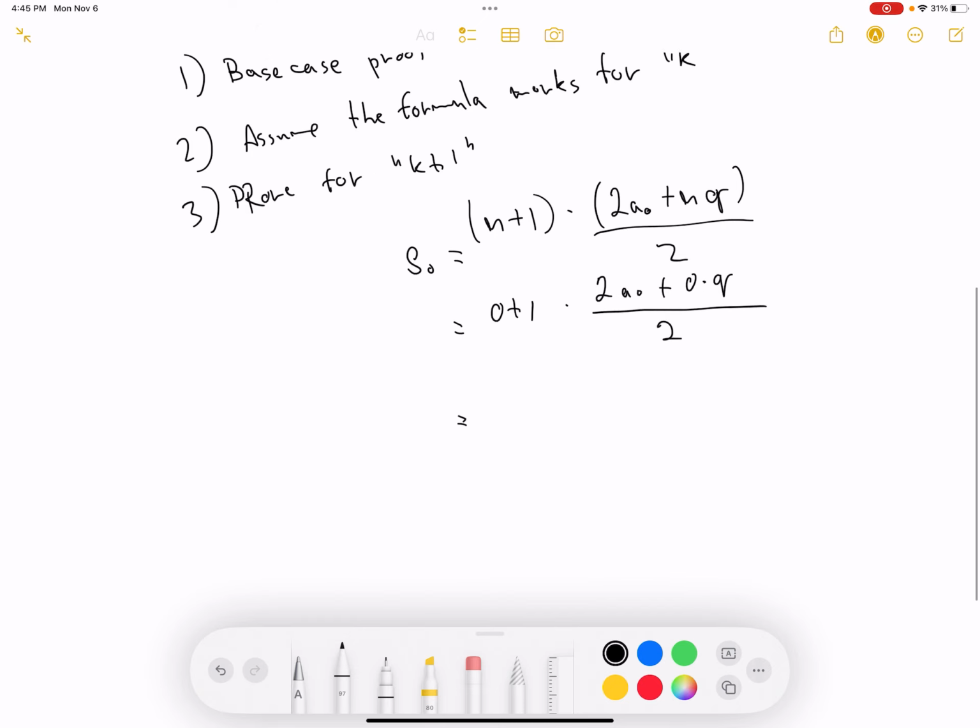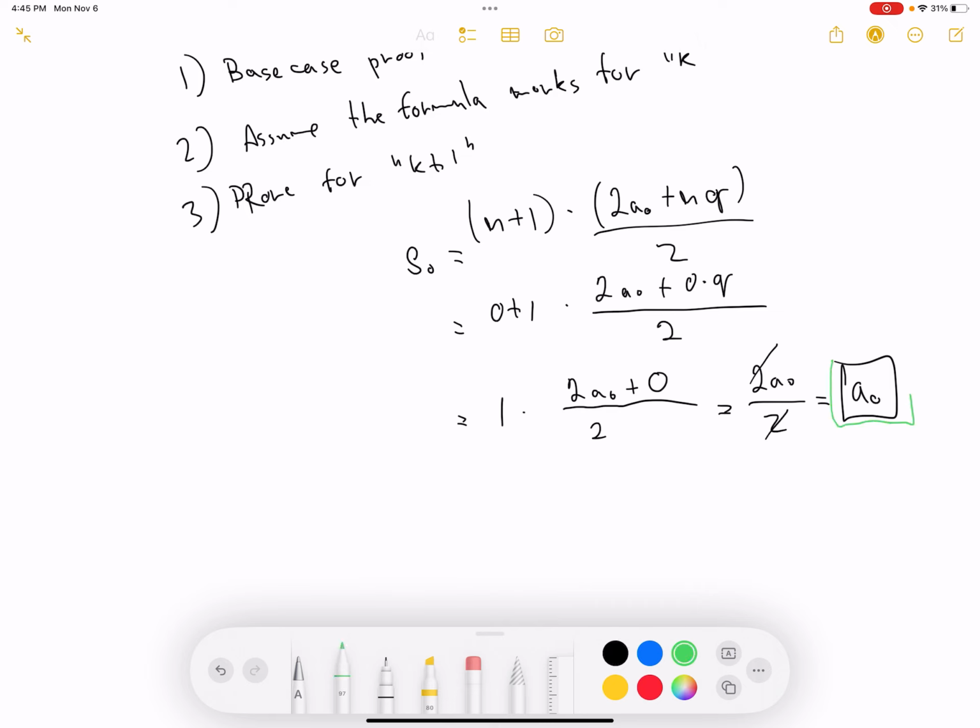Okay, 0 plus 1 is 1 times 2a0 over 2, plus 0 times q is 0, which all gives us just 2a0 over 2, the 2's cancel out, and we get back a0. So we have now proven that the base case works with this formula, okay?